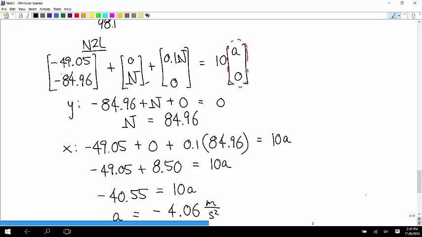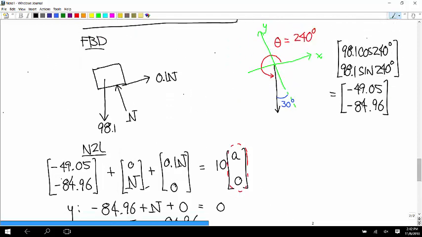So think about this. If we kept increasing the coefficient of friction, if we kept increasing that value of mu, we could find a value of mu where the acceleration was exactly equal to 0. Okay? What would that mean?